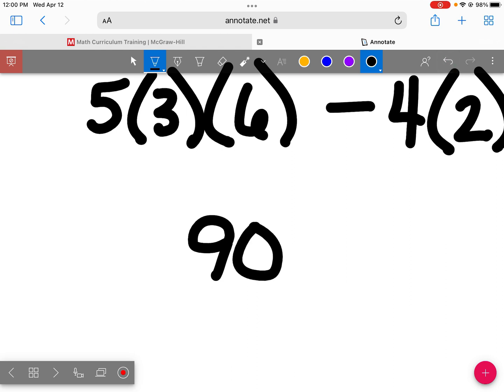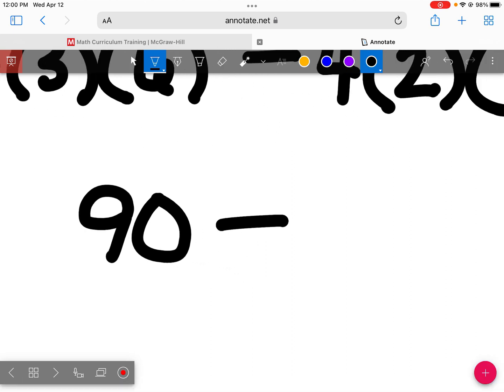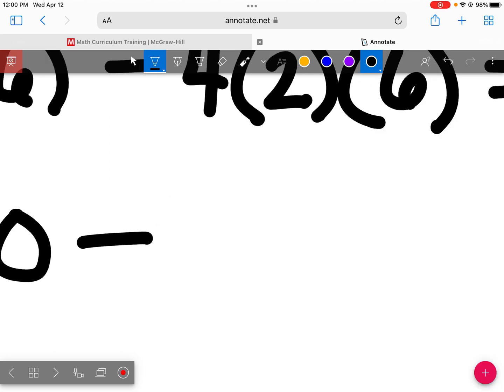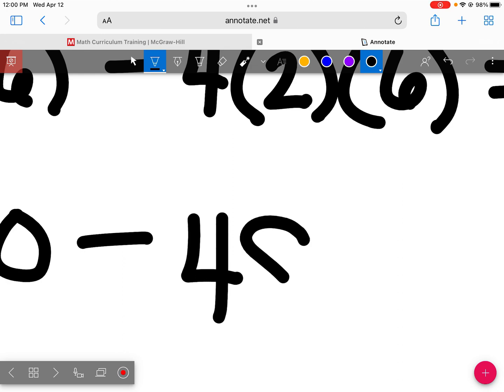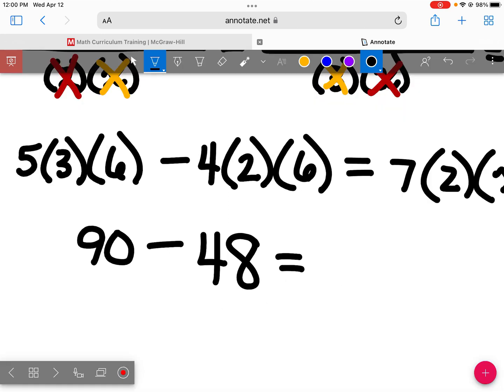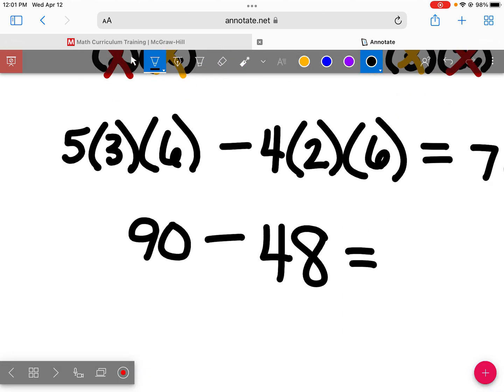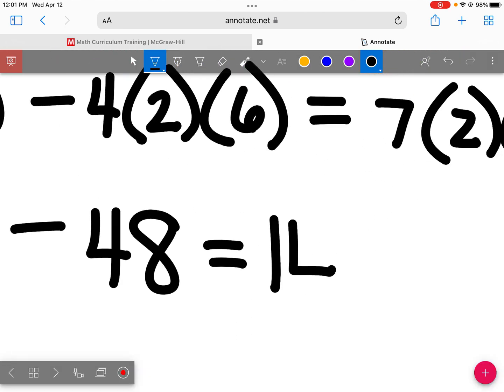So then you do 15 times 6, and that's why I have to pull my calculator out. 90. Minus 4 times 2 times 6, which is 48. Equals 7 times 2 times x, which is 14x.